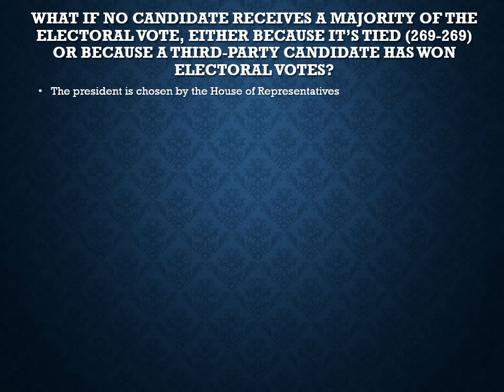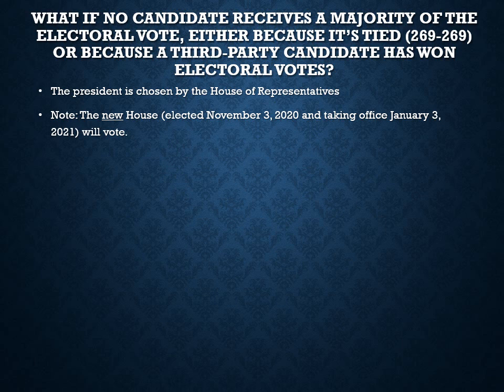The president is chosen by the House of Representatives. That has happened twice in American history, in 1800 and 1824, but not since then. Now, the House that will choose them is the new House that was elected on November 3rd of this year and took office January 3rd. They will vote.